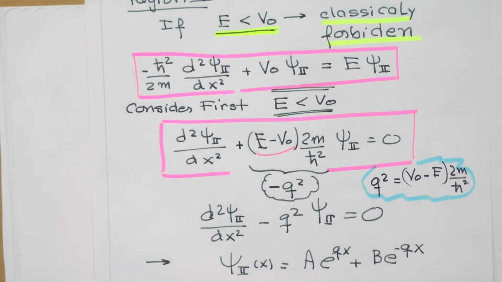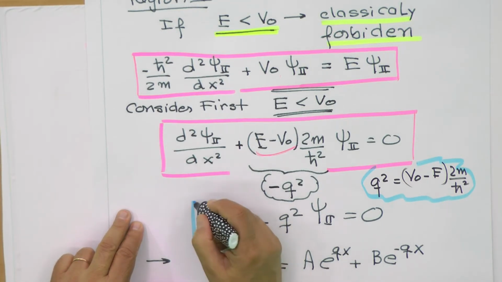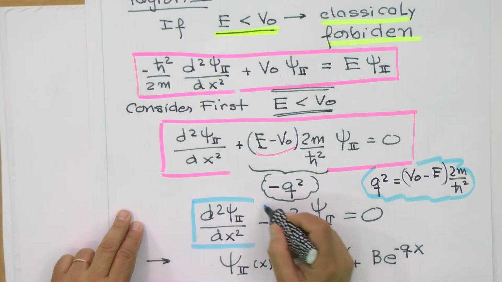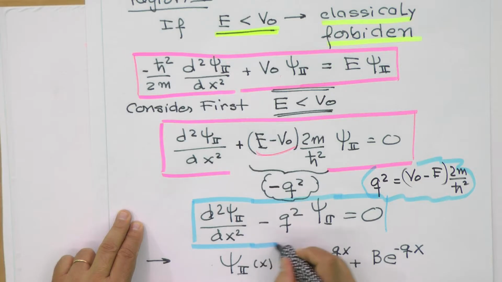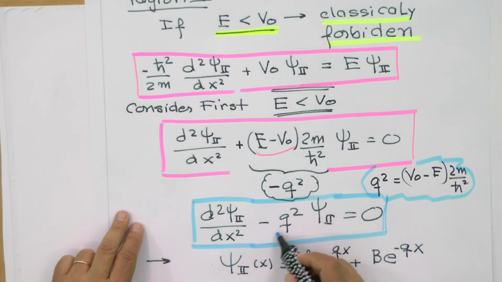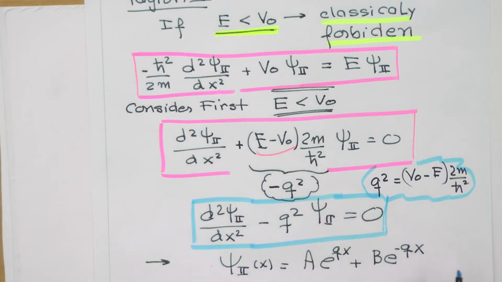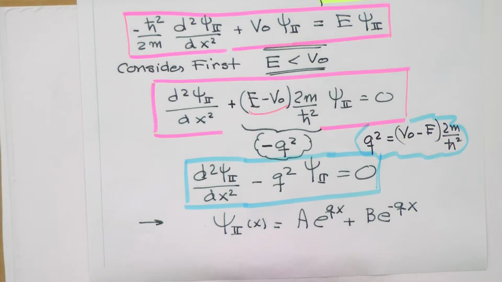So what we have now is an equation that has the second derivative of psi in this region minus Q squared times the function psi in that region equal to 0. If it was a plus here, we know that's oscillatory behavior. But when it's negative, we know it's exponential behavior.